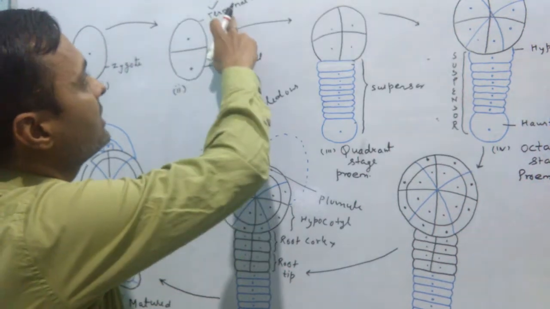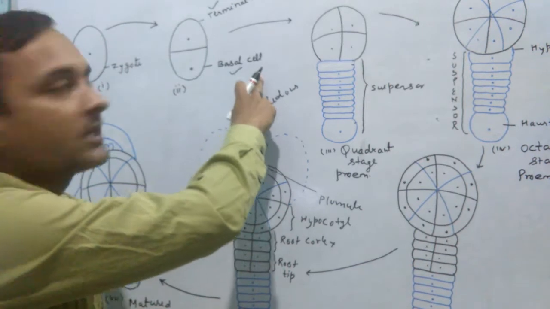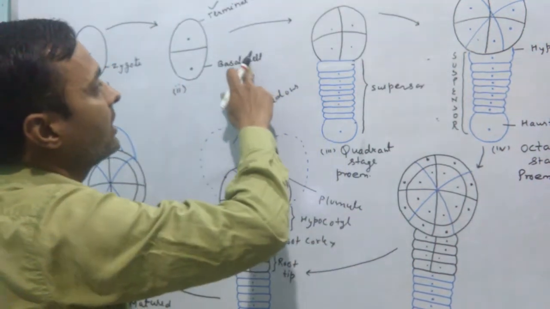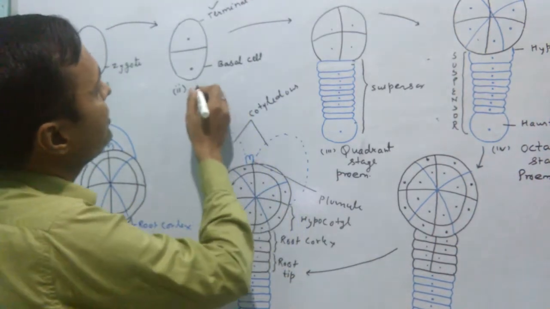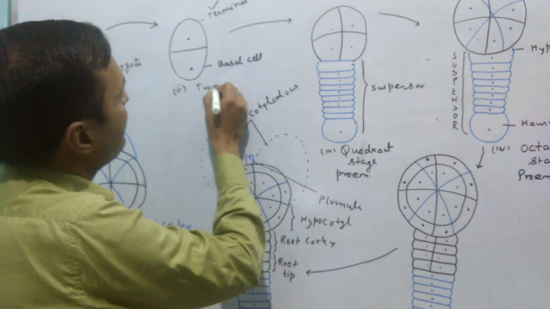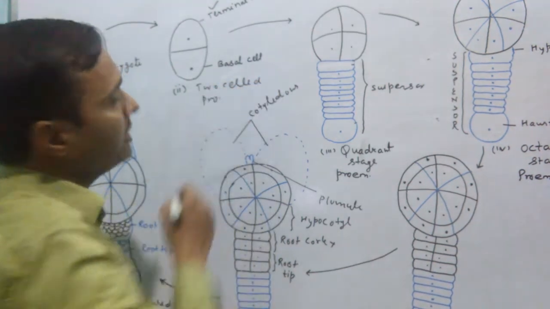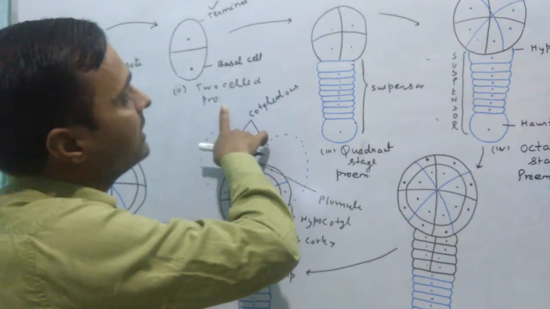The upper cell is known as the terminal cell, and the lower cell is known as the basal cell. The terminal cell will give rise to the complete part of the embryo, and the basal cell gives rise to the haustorium. This is also known as the two-celled proembryo, because the number of cells is two after the division of the zygote.